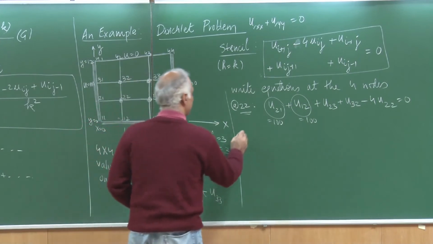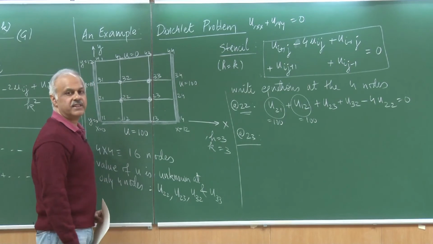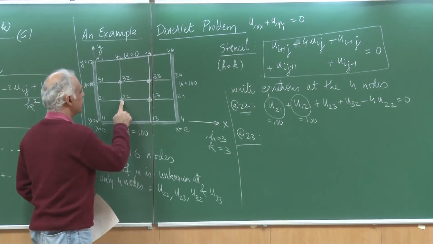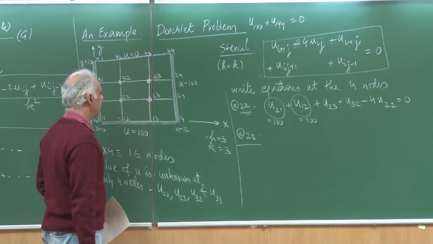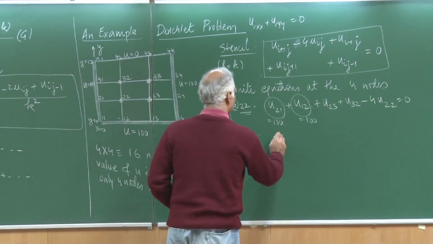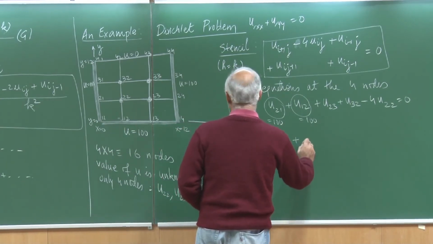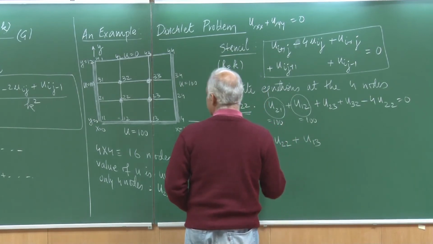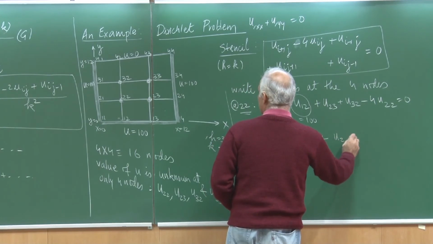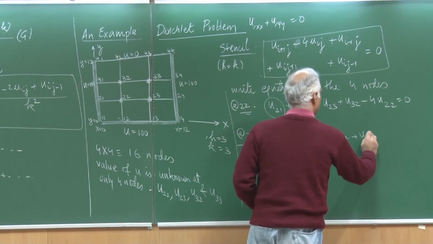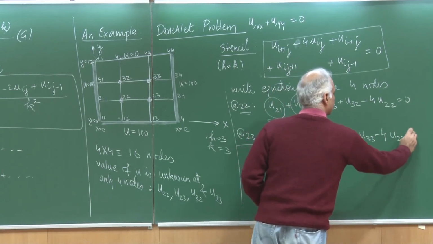Let us now move to node number 2 3. Again, here it would be using the 4 neighbors and of course 2 3 itself. So, let me write that down. This would be u22 + u13 + u24 + u33 - 4u23 = 0.